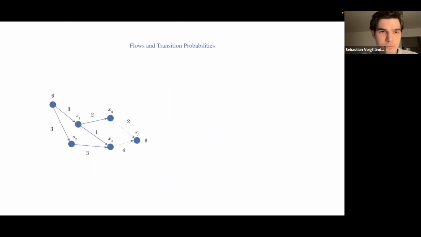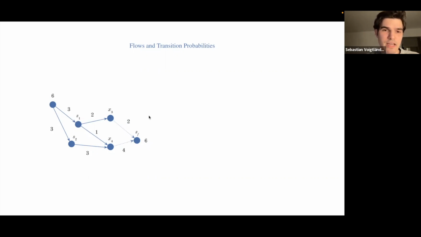So I want to make a little numerical example because this has been very abstract, and I want to show you the relationship, which is sometimes non-intuitive, between flows and transition probabilities. And this is also where the analogy to statistical physics breaks down. So let's imagine you have a flow network like this, like Hannes said in the beginning, where you have some initial flow of, let's say, 6 coming through, and then it splits up, and in the end it will be 6 again.